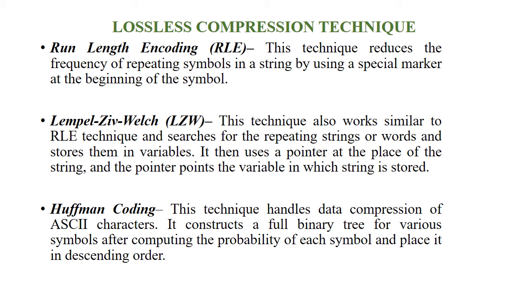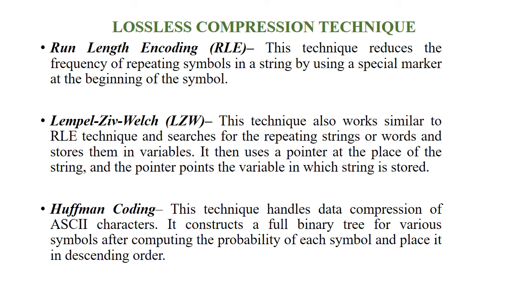Coming to the second technique, Lempel-Ziv-Welch. This technique also works similarly to the run length coding technique and searches for repeating strings or words and stores them in variables. It then uses a pointer in place of the string, and the pointer points to the variable in which the string is stored.